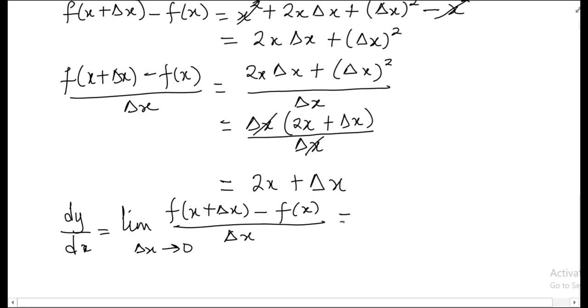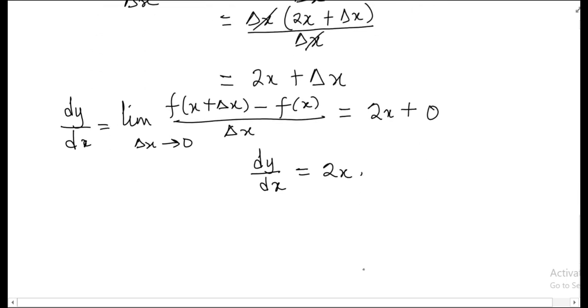So there will be a change in dx till dx tends to 0, and if dx tends to 0 we have 2x plus, it gets to a point where dx tends to 0 and it becomes 0. So therefore dy/dx will now be equal to 2x. So if we differentiate y equals x squared, where y is a function of x, you have 2x.